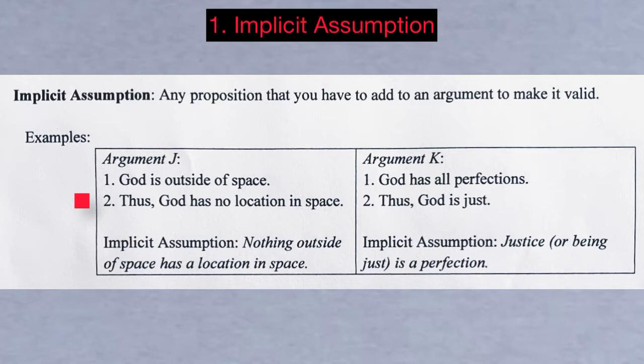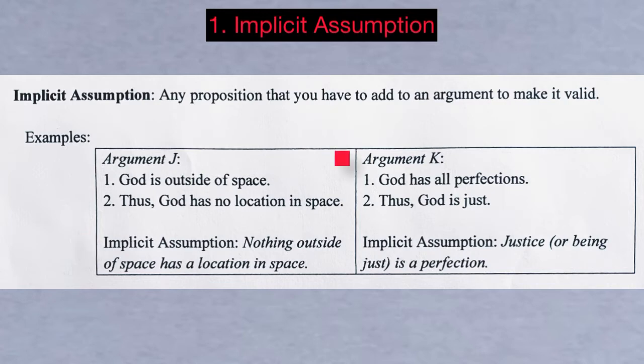So what is that proposition that you have to add to the argument in J to make it valid? Well, it would be something like this. Nothing outside of space has a location in space, right? So if God is outside of space and nothing outside of space has a location in space, then it follows that God has no location in space.